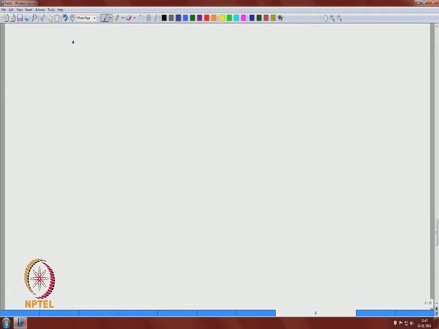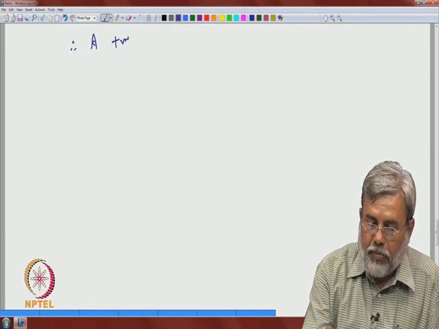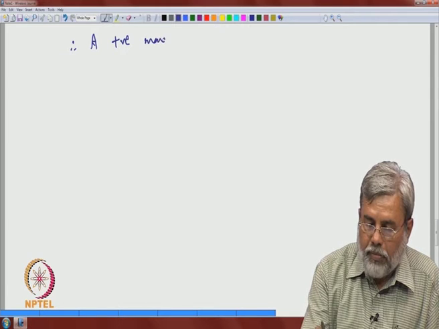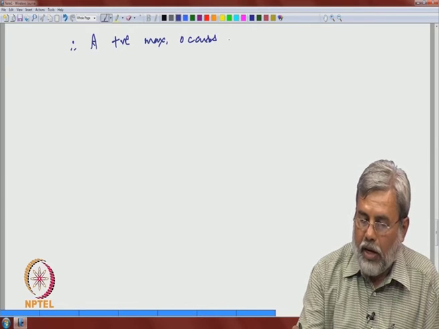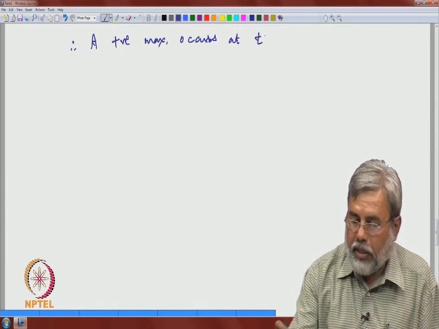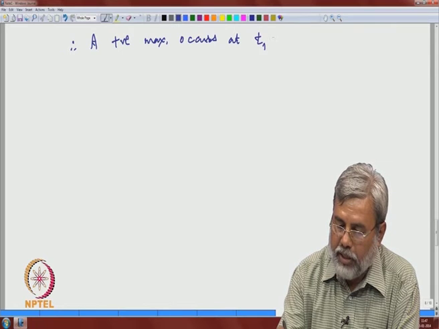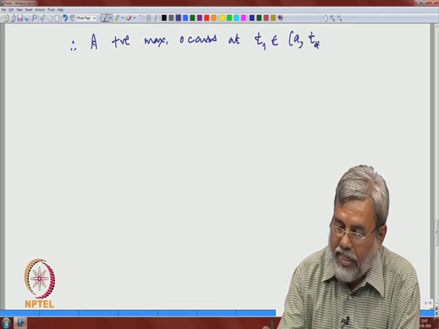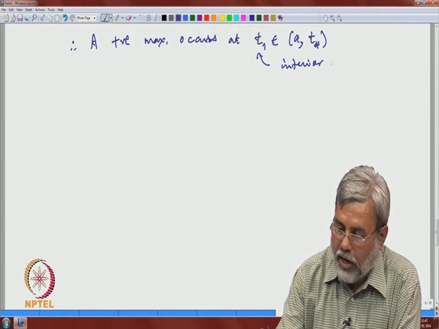So, therefore, a positive maximum occurs at T, call it T0 or T1, okay, T1 in (A, T star). So, at an interior point. This is an interior point, it is not either A or T star.